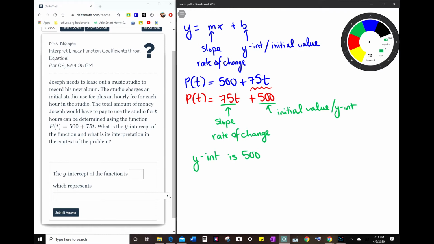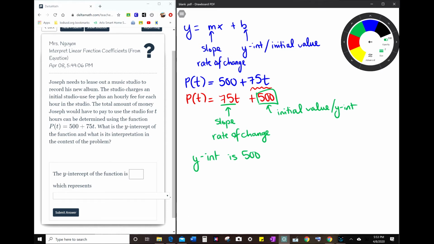So if you look at this one, we know that there is the hourly fee for each hour in the studio, but also the studio charges an initial studio use fee. And like what I said before, if it's initial value, it will not change throughout the problem. So in this case, 500 will stay the same, never change throughout the problem.